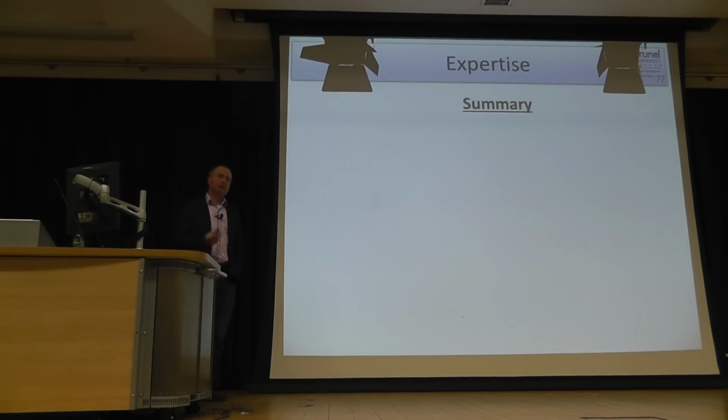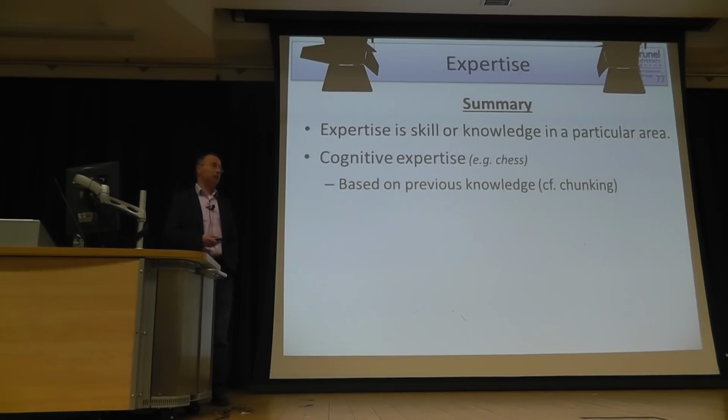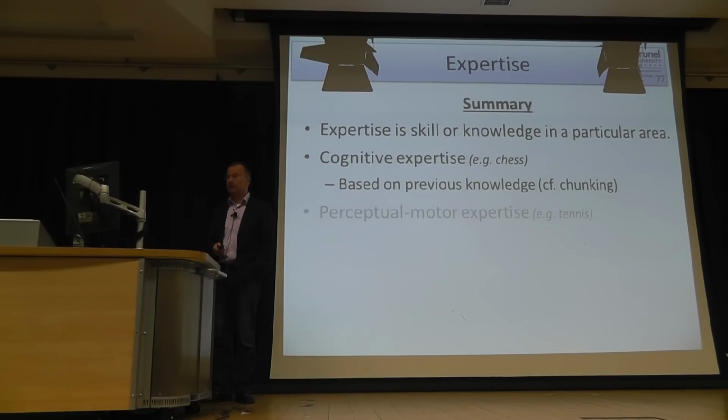Okay, to summarize our chapter on expertise, expertise is a skill or knowledge in a particular area. And we have seen that we have cognitive expertise, which is mainly based on previous knowledge, and then this can be used for chunking.